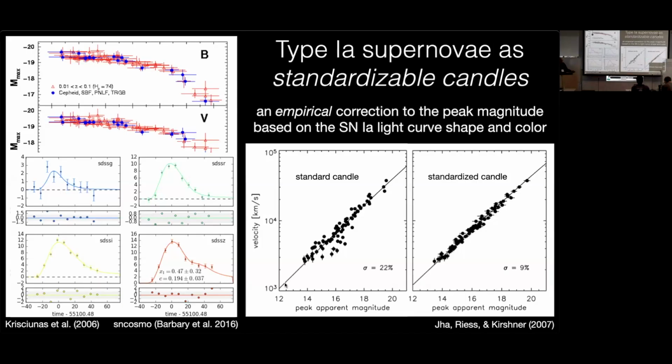I don't know how much I'm going to use it, but if not, it's not a big deal. Anyway, underneath there, it says sigma equals 9%. So you go from a 22% distance indicator to a 9% one, an improvement by more than a factor of 2. The precision goes as the square of that uncertainty, so it's like having 4 supernovae for every 1 when you apply the standardization laws.